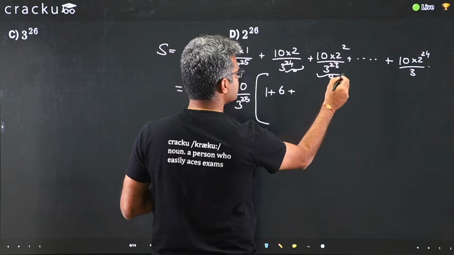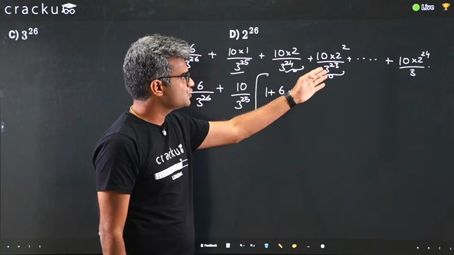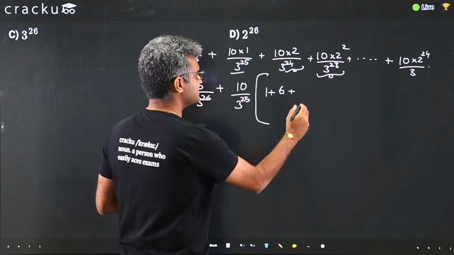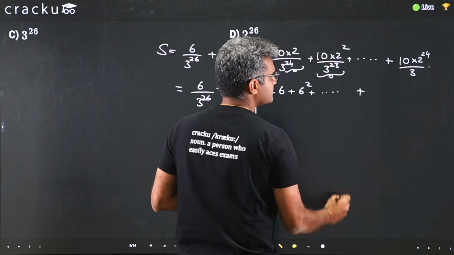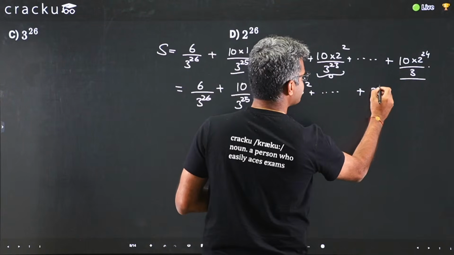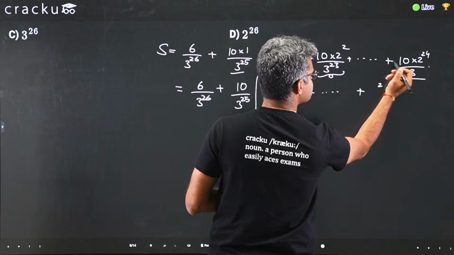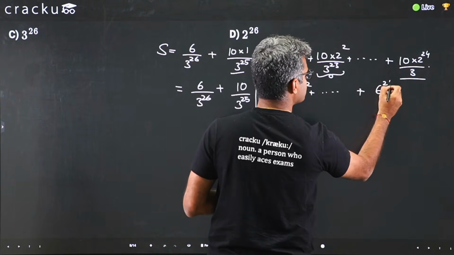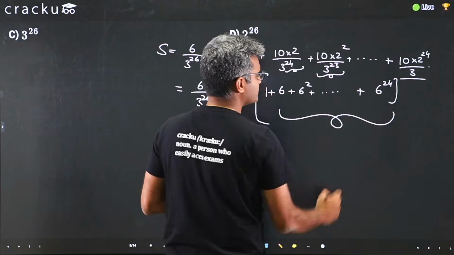From this term, if you are taking 10 divided by 3 to the power 25 common, you are going to get 2 square into 3 square, which is 36, which is 6 square, and plus dot dot dot. From the last term, we are going to get 2 to the power 24 into 3 to the power 24 common. This is basically 6 to the power 24. This is a simple geometric progression.